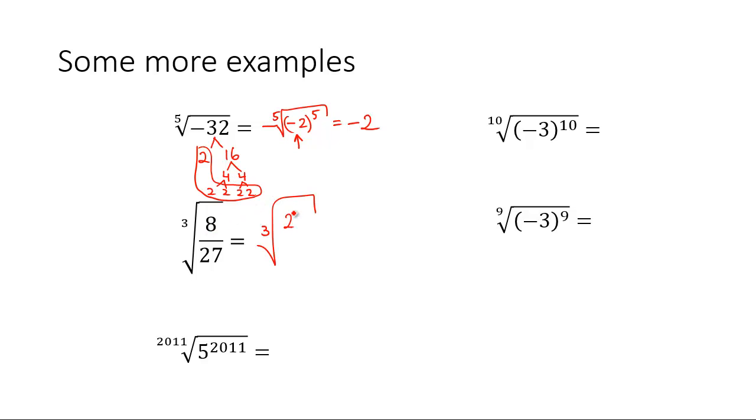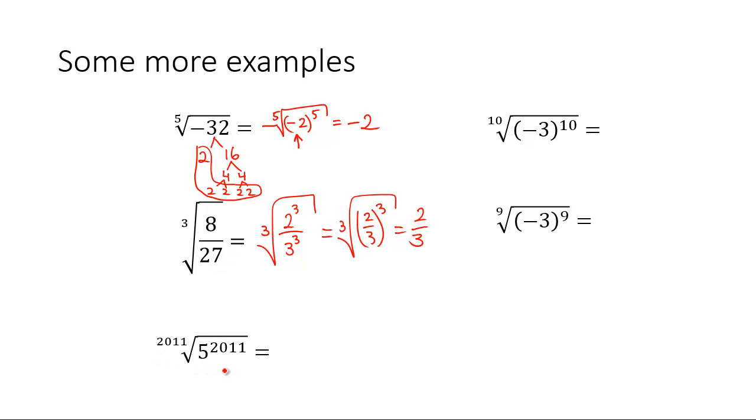So 8 is actually 2 cubed, and 27 is 3 cubed. So this is the same as saying the cube root of 2/3 cubed. If your question is what cubed gives you 8 over 27, well, that's 2/3.